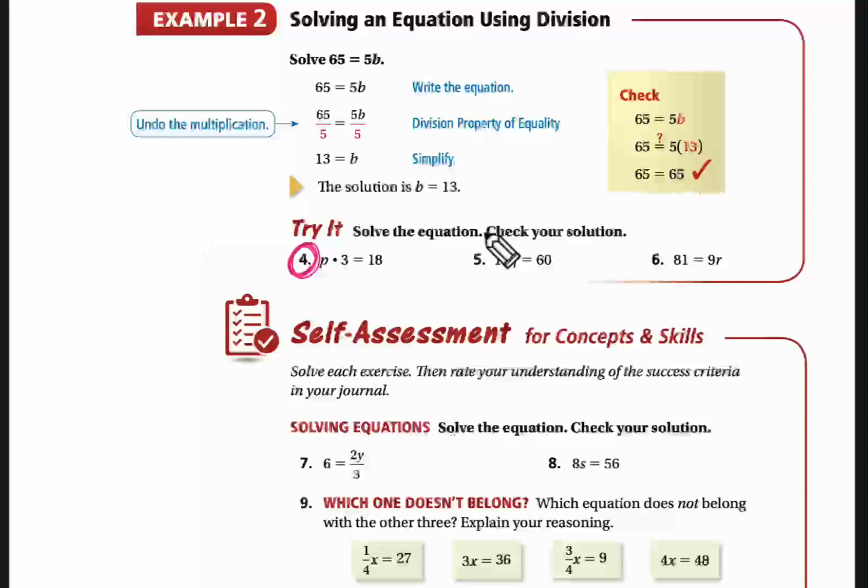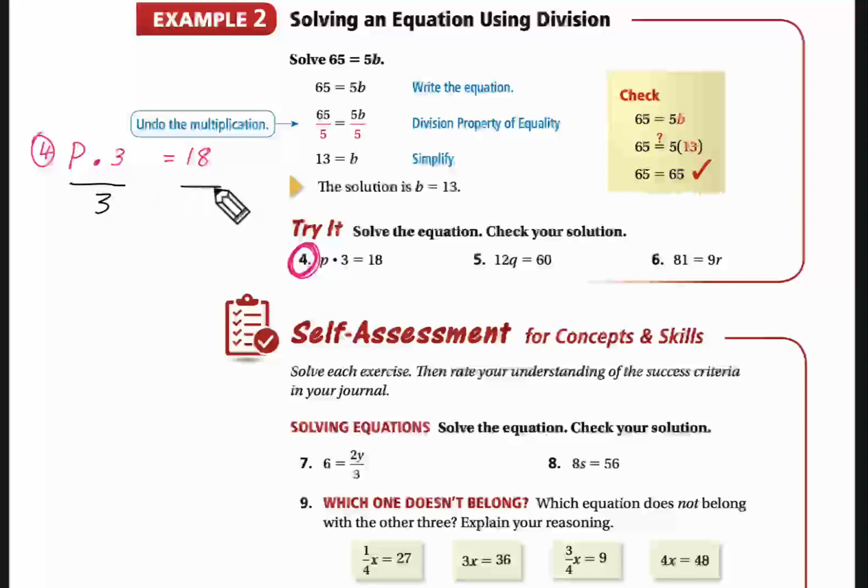Okay, Ali Mu'min, help me. B multiplied by 3. Divide by 3. Excellent. We will divide by 3.